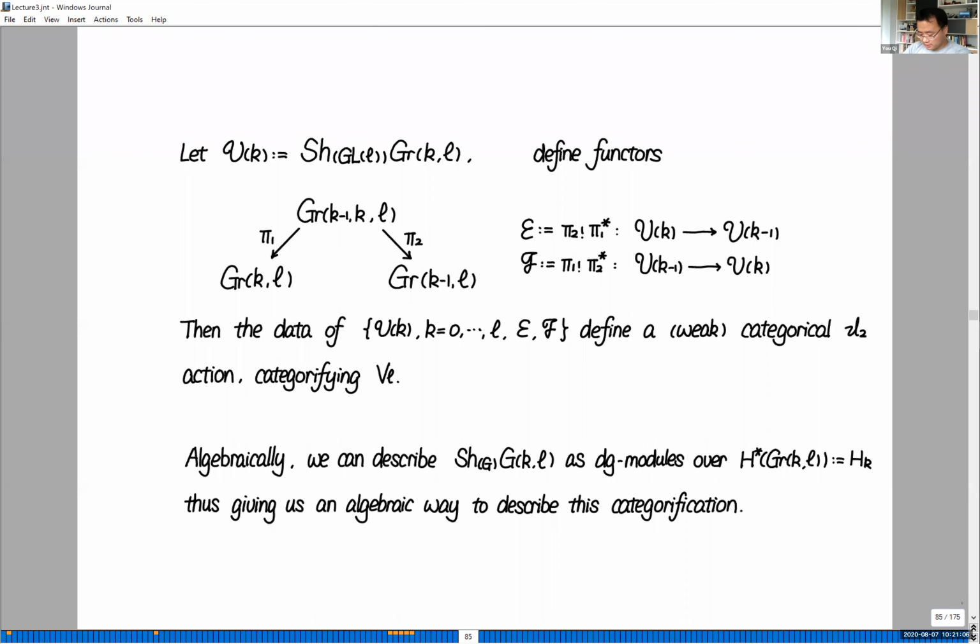This gives us an algebraic way to describe this categorification by replacing all the geometric categories by the corresponding modules over the cohomology rings. So you replace the Grassmannian of K-planes by H_K, K-1 by H_{K-1}, and the two-step Grassmannian by a module over H_K and H_{K-1}, namely the cohomology ring of this two-step flag variety.